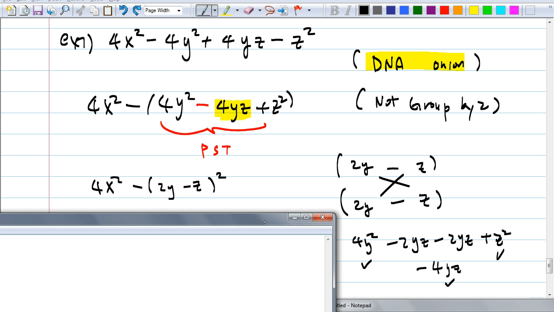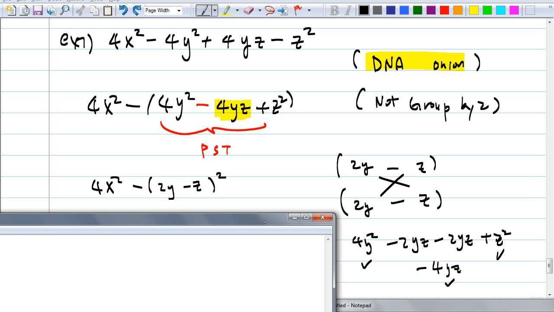Why is this called the DNA problem? Am I done here? Have I factored this? No. So what do I do? Eric? Yes, sir, difference of squares.